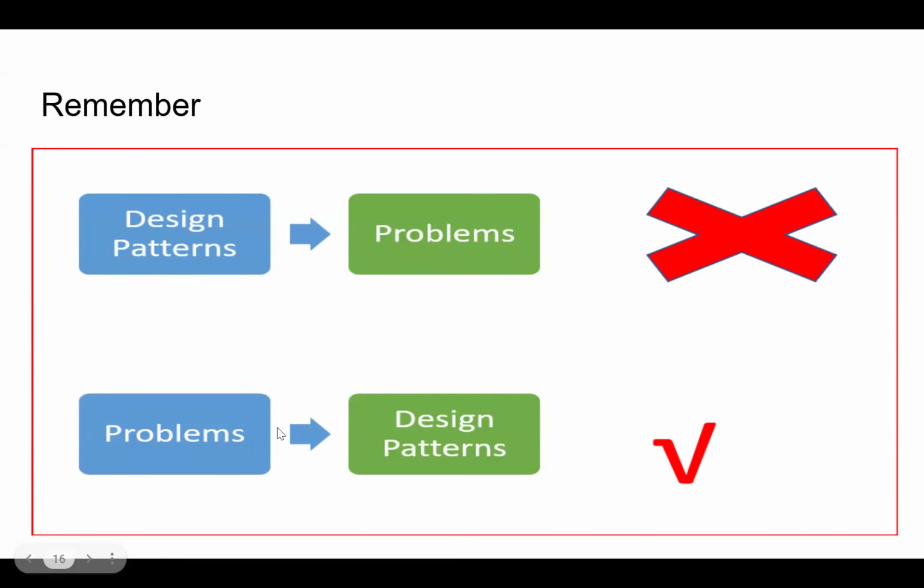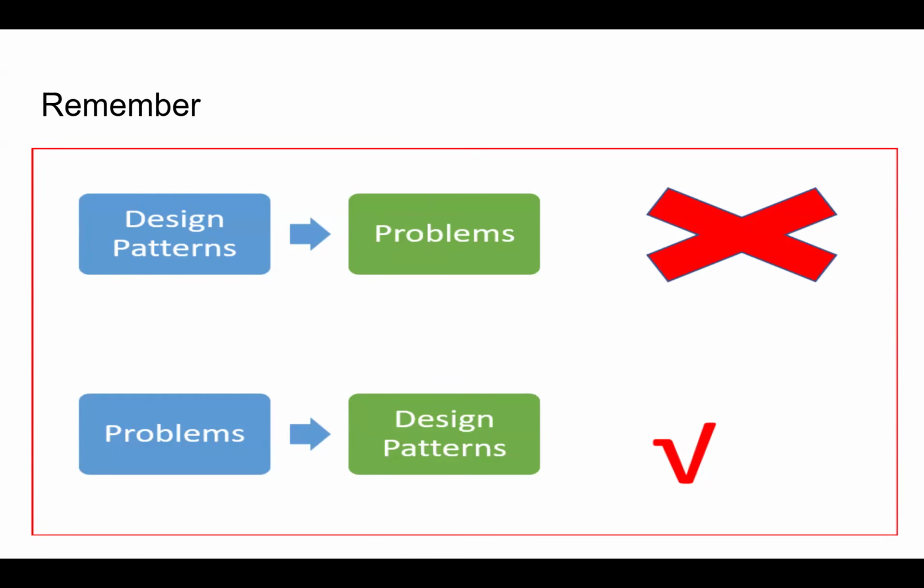In a classroom environment, we will be looking at design patterns and what type of problem can be solved. But remember, in the real world, it's the other way around. You get the problem. You need to find out what the correct design pattern is. Maybe one, maybe two, or maybe a modified design pattern.